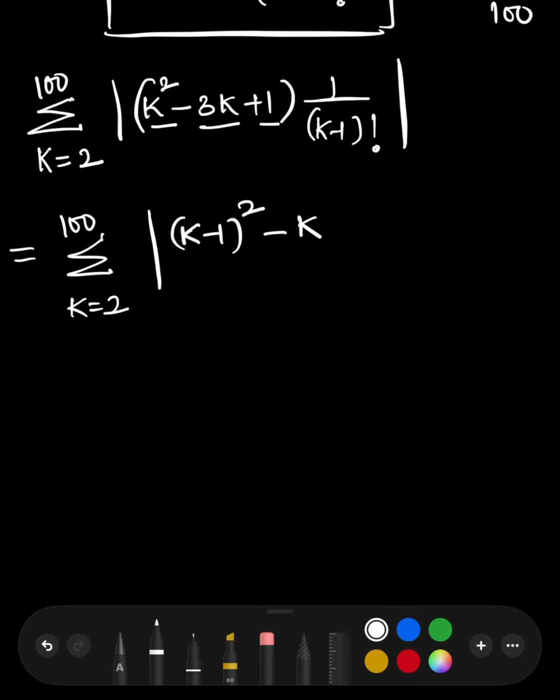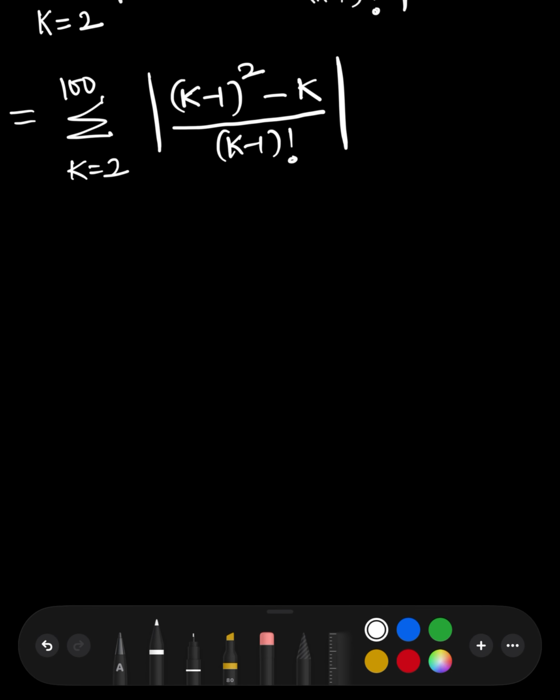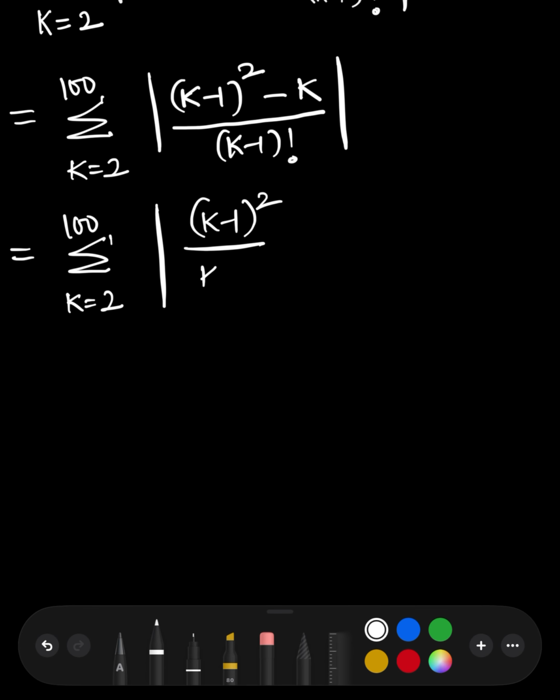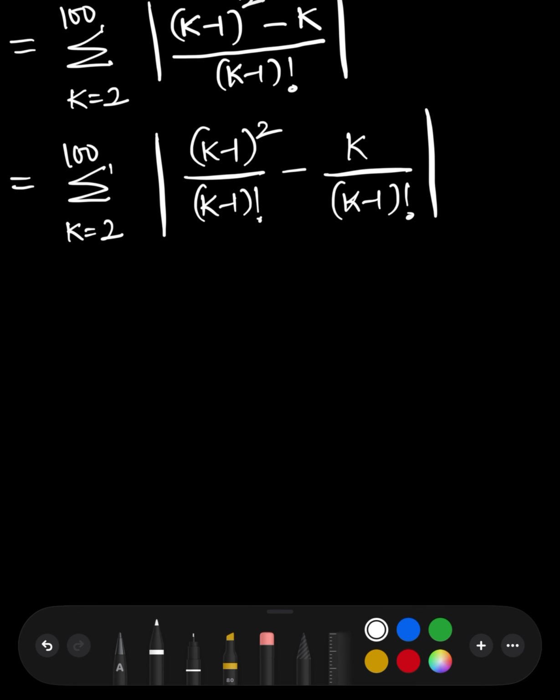Because (k minus 1) whole square is nothing but k square minus 2k plus 1, and the rest of the term is k, divided by (k minus 1) factorial. Then the sum for k equal to 2 to 100 of the modulus of, if you separate, (k minus 1) whole square by (k minus 1) factorial minus k by (k minus 1) factorial.